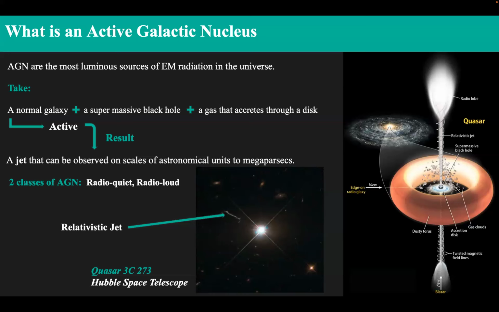You can also see the twisted magnetic field lines where the particles are trapped and they emit synchrotron radiation. Basically, this is the jet. You can see the radio lobe where the jet ends, far away from the center of the galaxy. And when this jet aims towards Earth, we name this object a Blazar.